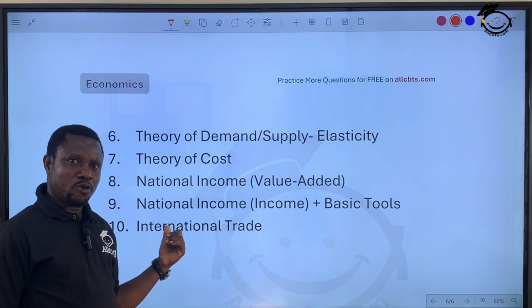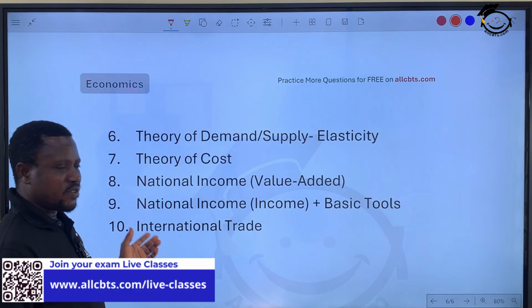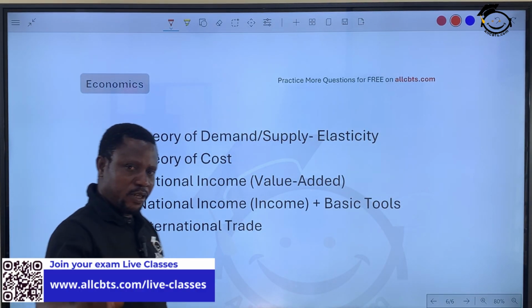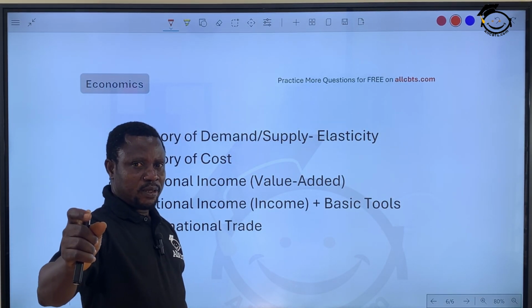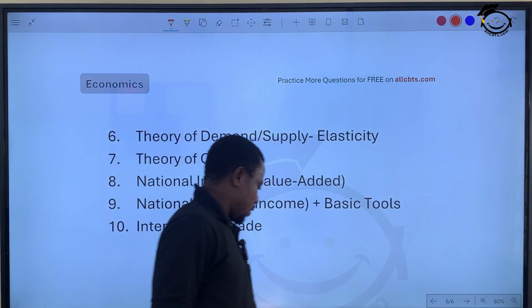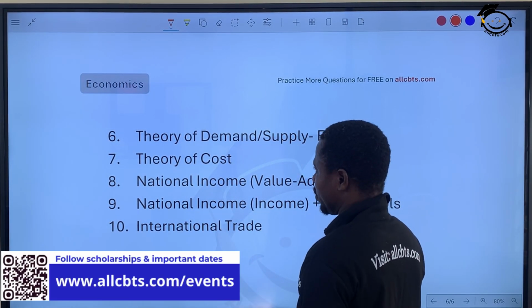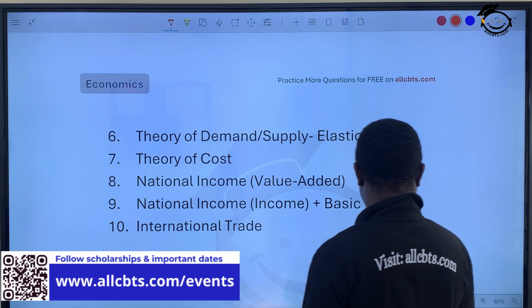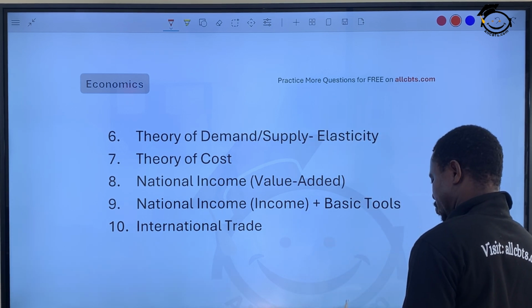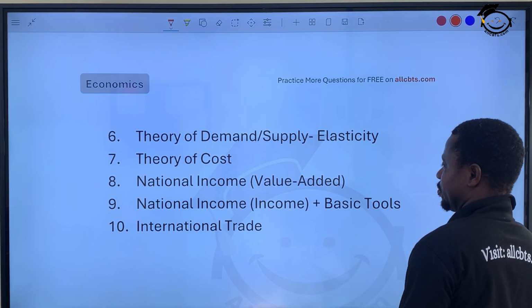You see, national income is combined with basic tools. And then we have international trade. Please get your pen and your paper and let's take this journey together. I'm going to be setting some questions for you, and I'm hoping you'll be able to flow with me. I've identified some right questions I want us to go through together in this session.